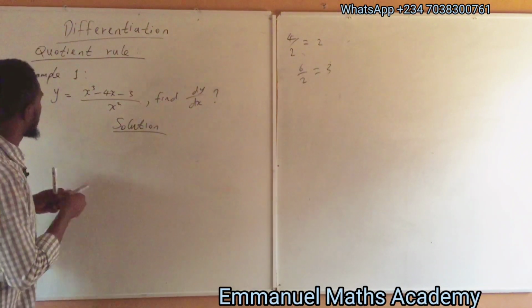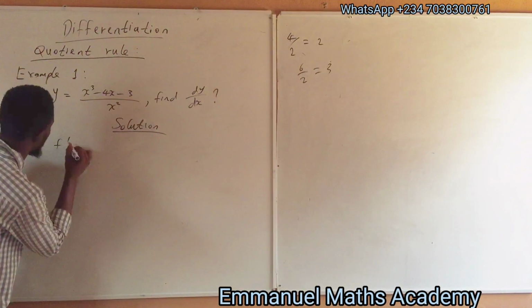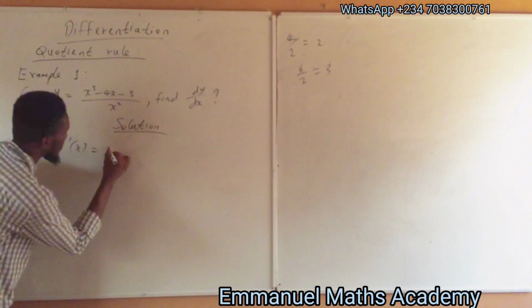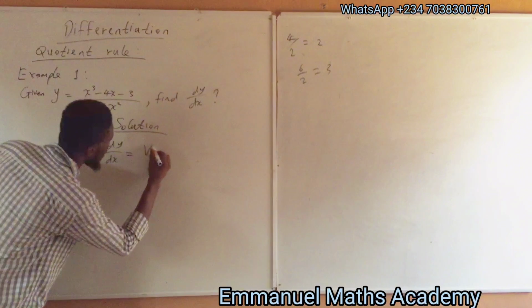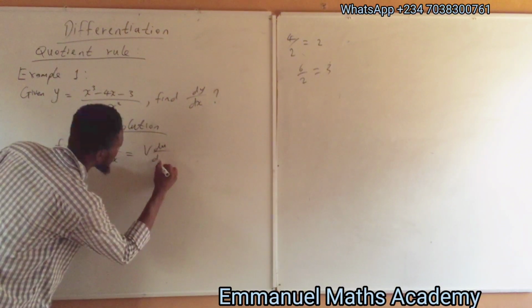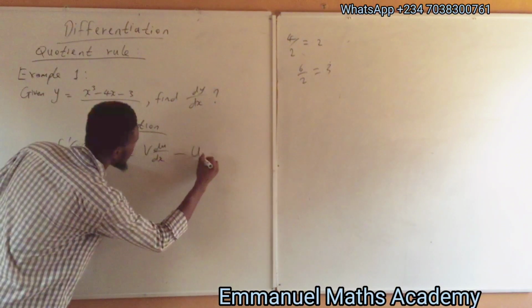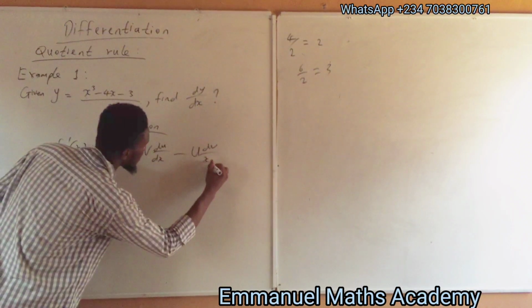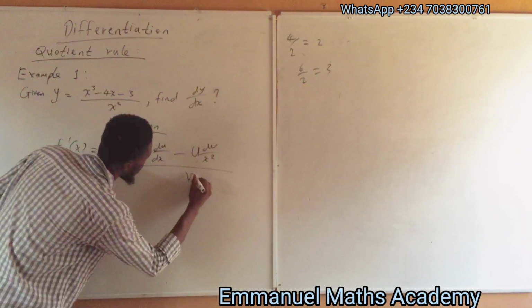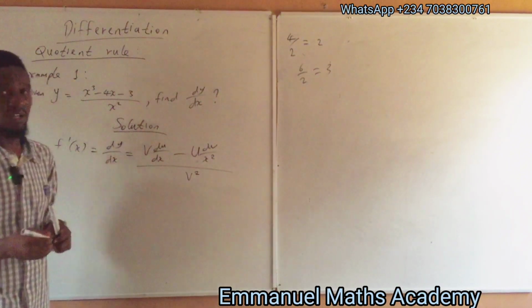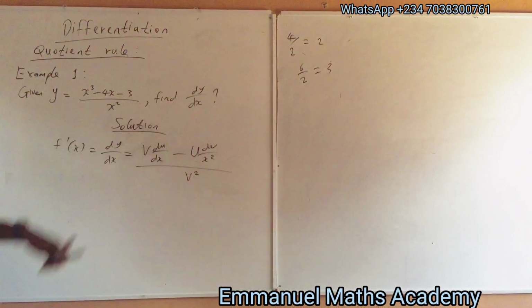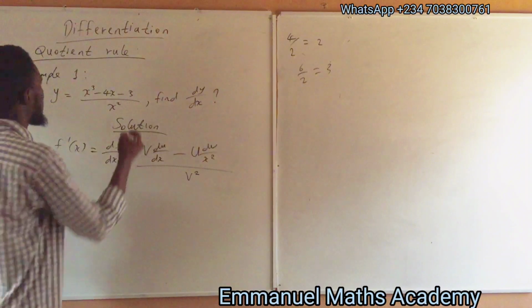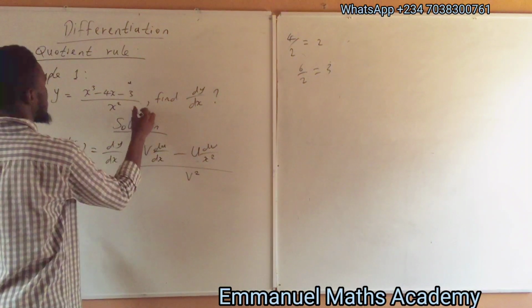Then your f prime of x, which is dy dx, is equal to keep v, differentiate u with respect to x, minus keep u, differentiate v with respect to x, all over v squared. Is that correct? Now from this, where is our u and where is our v? Our u is the numerator, our v is the denominator.